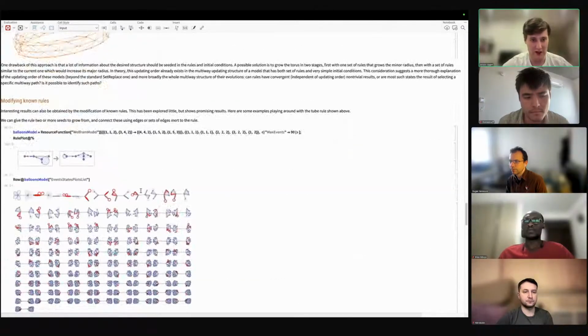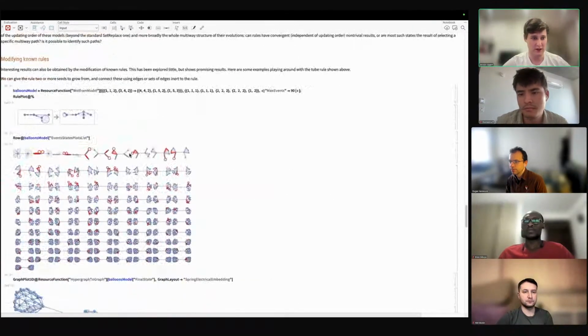That could be interesting not only for the physics side of things but also for what Stephen was exploring recently about biology, like fetal development, where things happen in different phases. So you could emulate something like that with this approach.